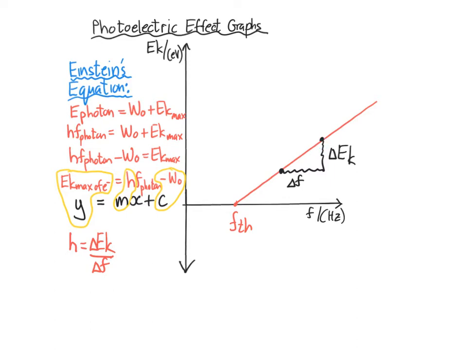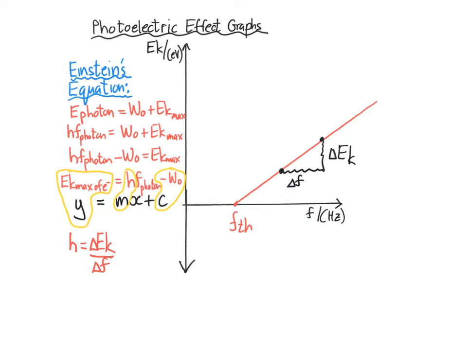The other thing we see is that the work function is equal to the y-intercept. But now, this graph doesn't have a y-intercept. It ends, or should we say it starts, at the x-intercept or the frequency intercept.